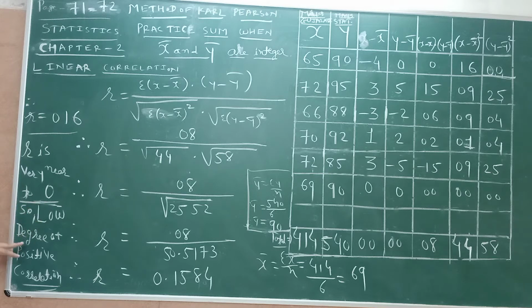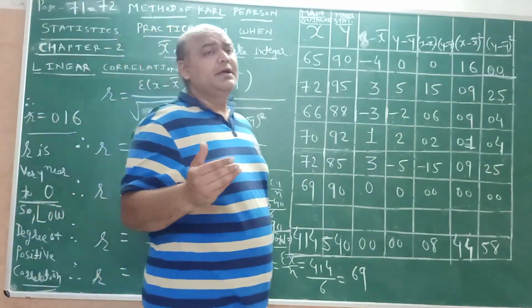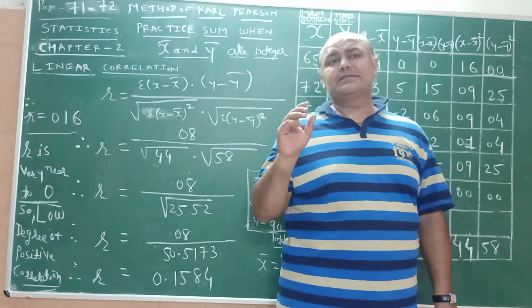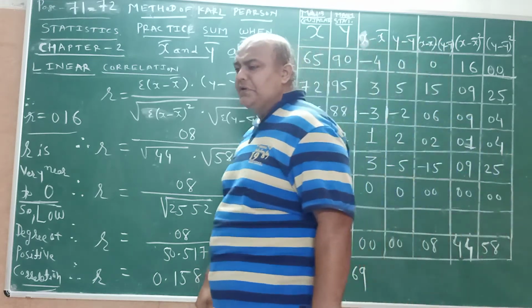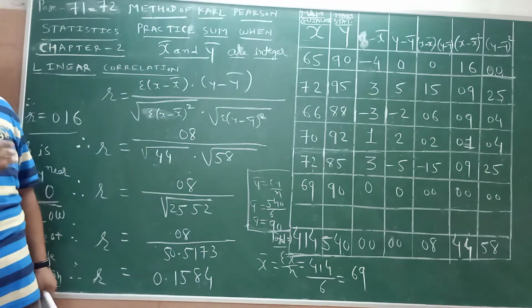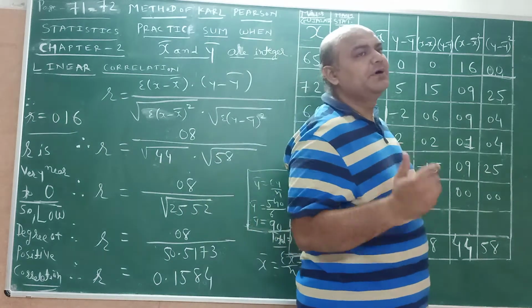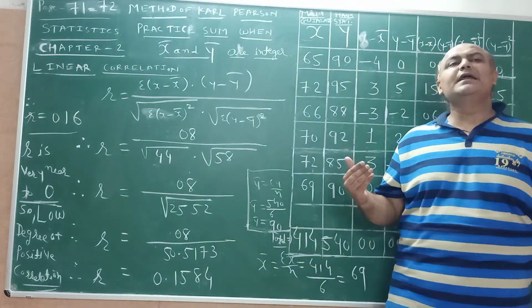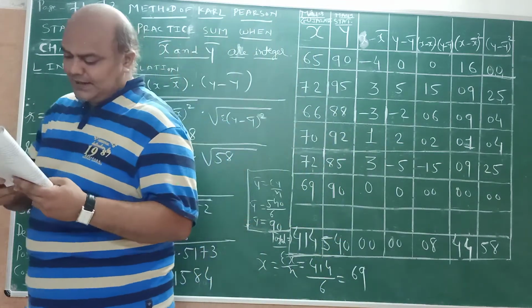So we can say it is a positive correlation but low degree of positive correlation, because it is nearer to 0. See, in interpretation, if the answer is in plus, but it is nearer to 1, then we have to write there is a high degree of positive correlation. But if the answer comes in plus, but it is nearer to 0, then we have to write it is a low degree of positive correlation between these two particular things.